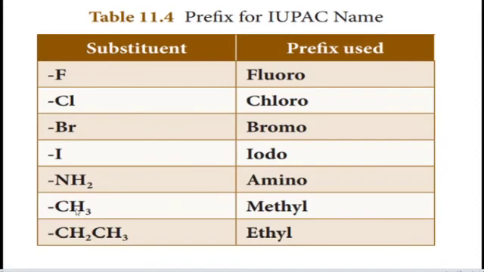If CH3 is a substituent, methyl is the prefix word. CH2CH3 is generally C2, that is 2 carbon atoms, and 2 plus 3, 5 hydrogen atoms. 2 carbon and 5 hydrogen, C2H5, that is ethyl. Prefix is ethyl. Fluoro, chloro, bromo, iodo, amino, methyl, and ethyl.